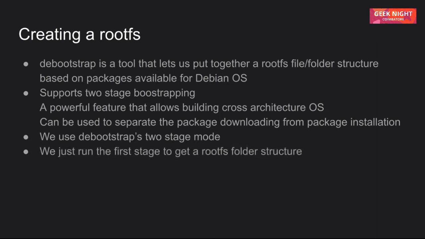The second stage would run the installation scripts, as I said. And once the second stage is complete, the folder structure that we have would be the representative of a working or a complete operating system itself, including the kernel and the rest of the operating system files and folders.